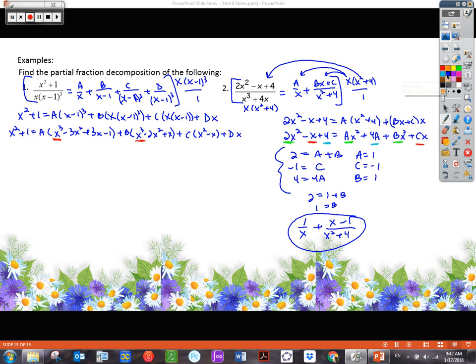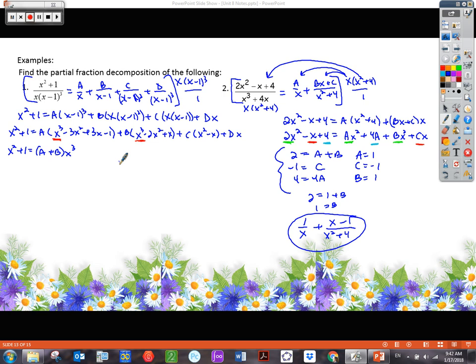So I'm going straight to, so we have x squared plus 1 equals. The coefficient of this x cubed is an a, the coefficient of this x cubed is a b, so I'm just going to write them like this, a plus b x cubed. That's another way to do it. You don't have to do it that way, but if that's confusing, you can just distribute all the a's, b's, and c's and then combine like we did on the other one.